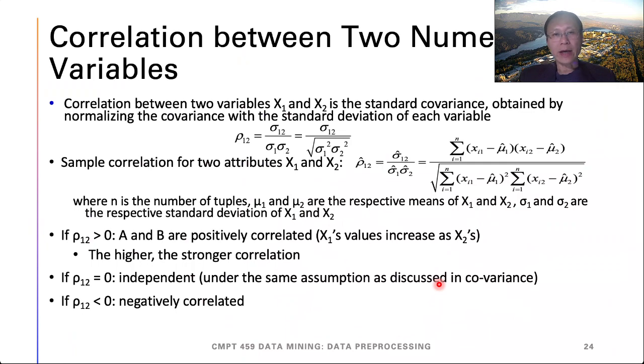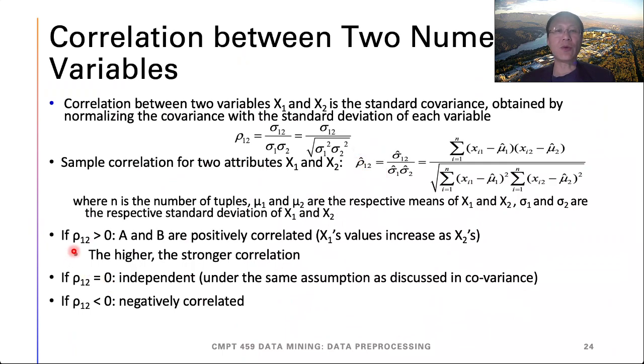We know we can calculate the covariance, but the scale of the covariance may be affected by the variance. Therefore, to measure the correlation between two numerical variables, one idea is to normalize the covariance by the standard deviations, and then we can calculate using this rho 1,2 formula. We can also use a sample for two attributes x1 and x2 to estimate the correlation between the two attributes.